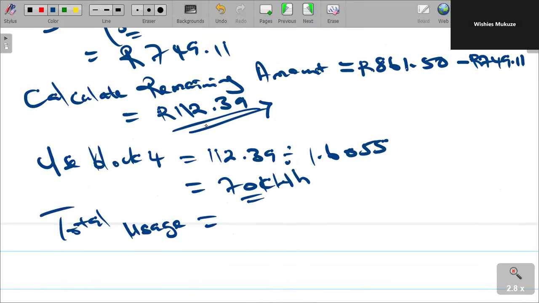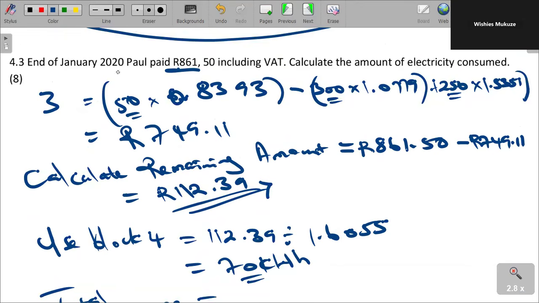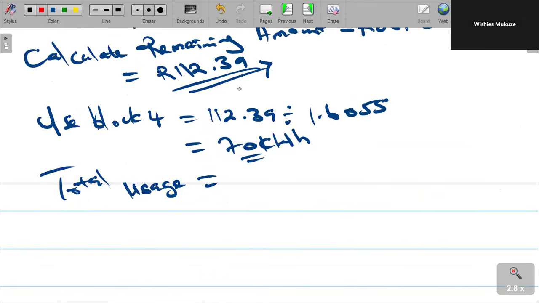So we are adding block 1, 2, 3, and then plus 4.